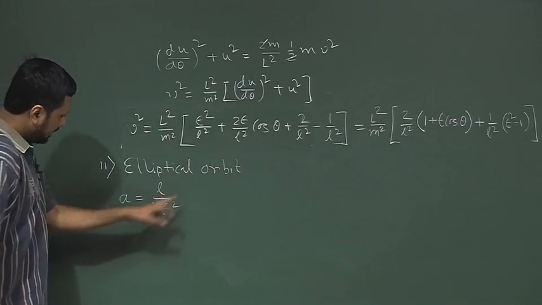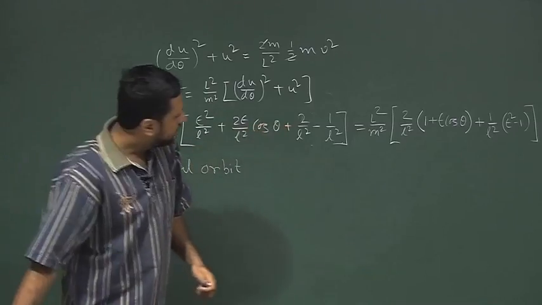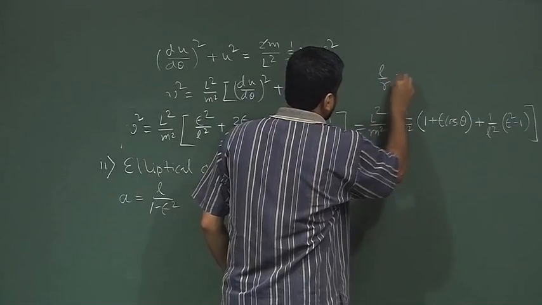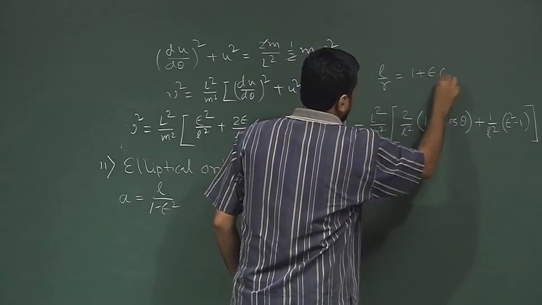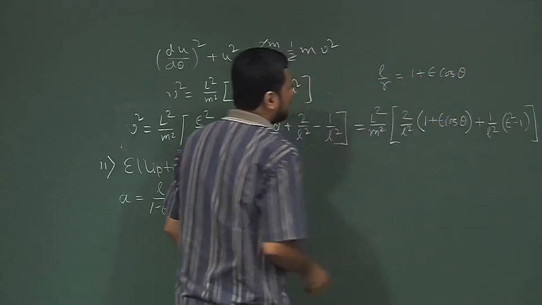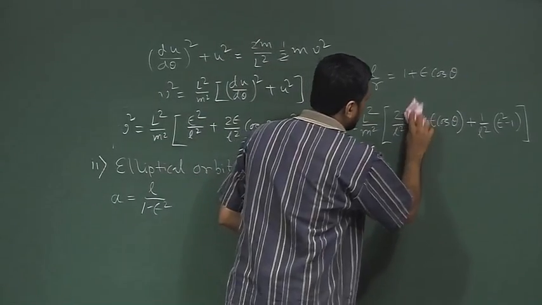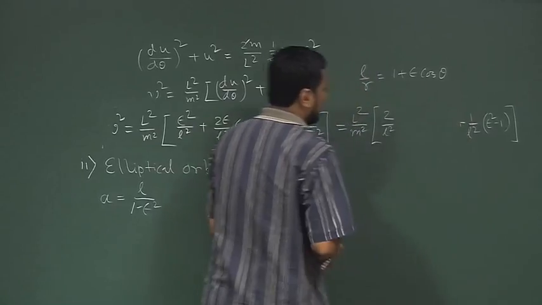Now, from the first bracket, recall that L by r is equal to 1 plus epsilon cos theta. So, we can substitute L by r for 1 plus epsilon cos theta.